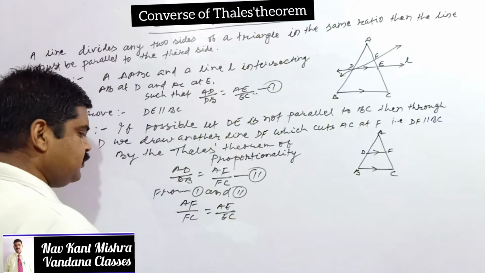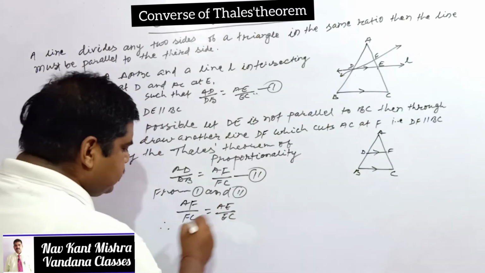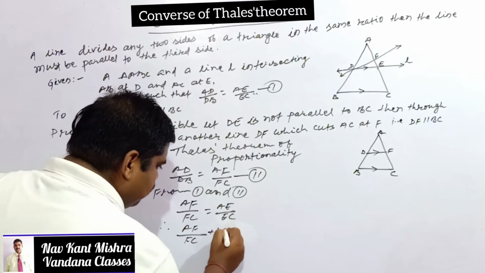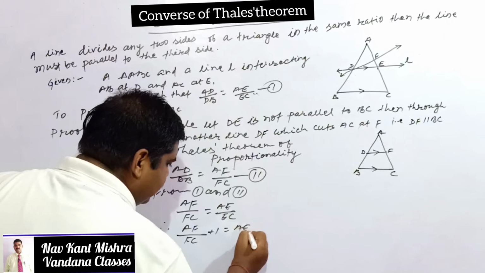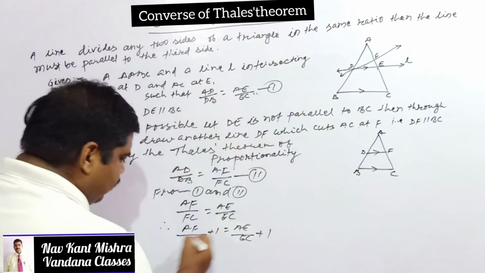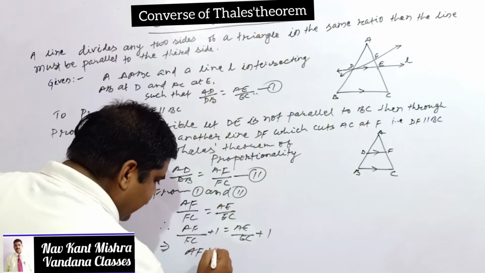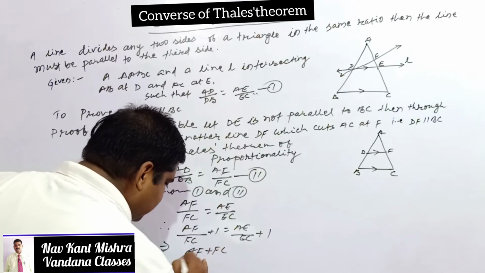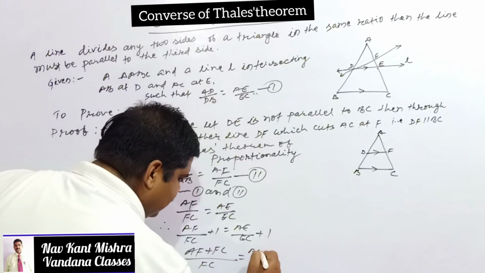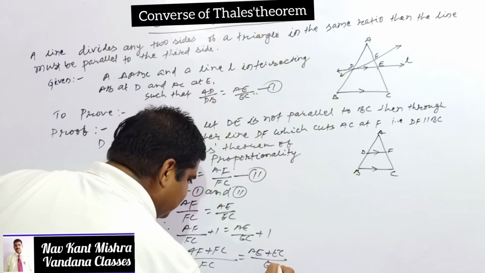And now you have to add 1 on both sides. AF upon FC plus 1 is equal to AE upon EC plus 1. And when you simplify it, you get AF plus FC upon FC is equal to AE plus EC upon EC.